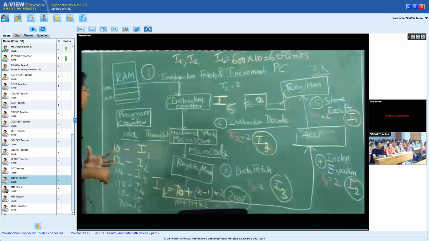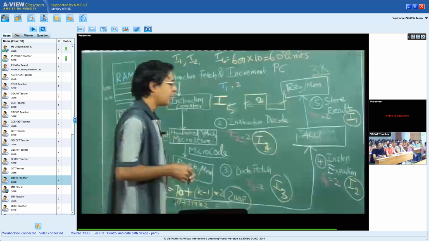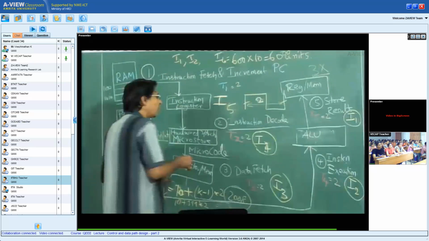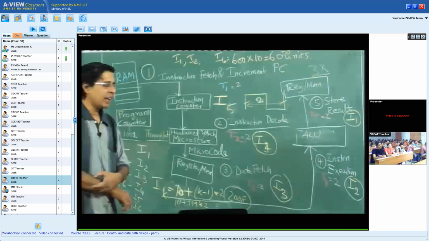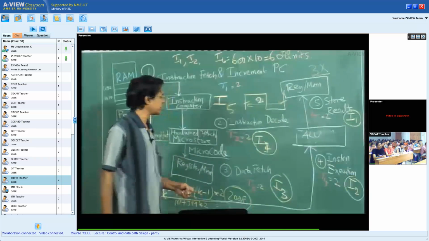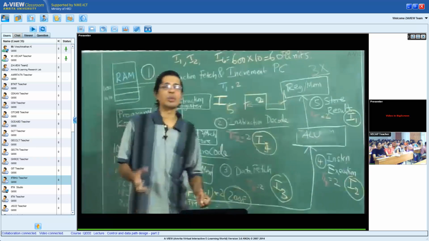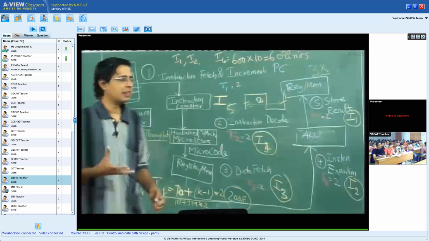So this is the basic concept of pipelining, wherein 2 important advantages come out of pipelining. One thing is we are increasing the throughput, we are increasing the frequency of execution, and at the same time we are also effectively and efficiently utilizing the hardware.